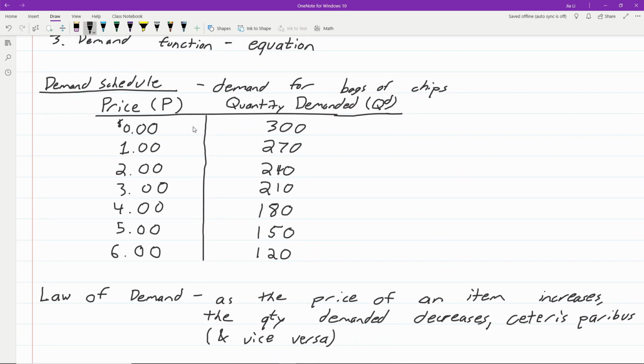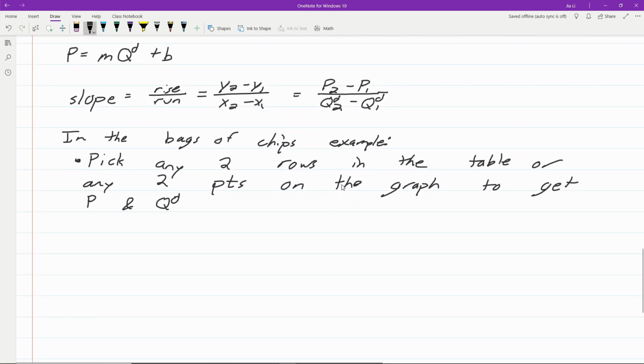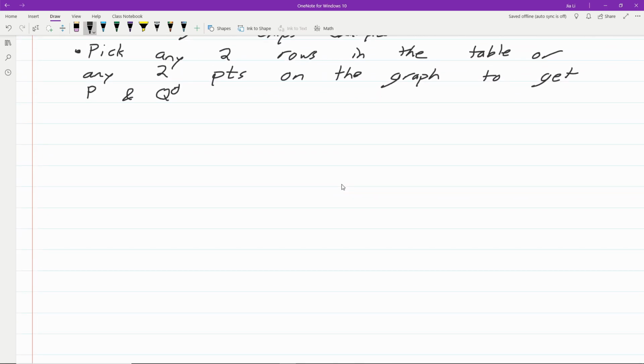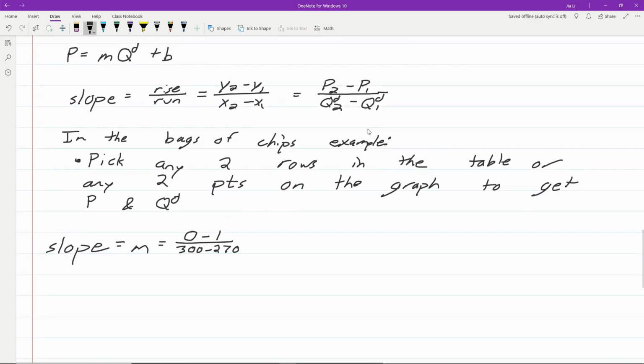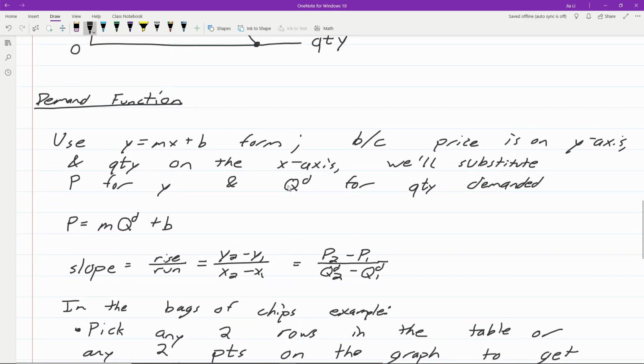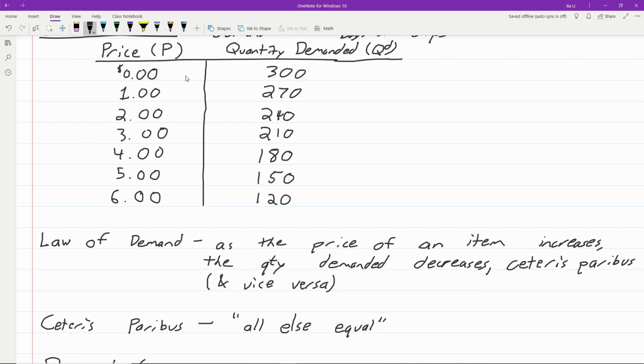So let's just pick these first two rows of information here. If the price is $0, quantity demanded is 300. If the price is $1, then quantity demanded is 270. So that means our slope, or m, is going to be 0 minus 1 divided by 300 minus 270, right? Because in this example, our P2 and QD2 come from this first row, $0 and 300.